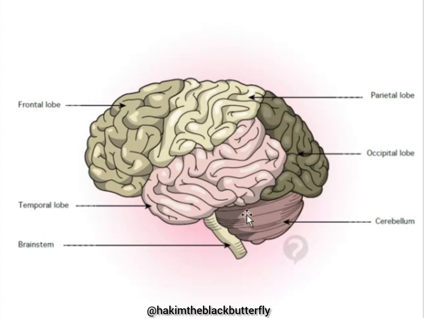The cerebellum is connected to the brain stem by 3 bundles of axons, and those bundles are known as peduncles, as we shall see.